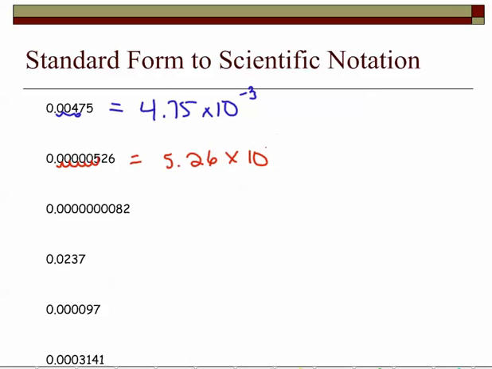So this would be 5 26/100ths times 10 to the -6. Now remember, that negative is telling you that you're talking about a number that is much, much smaller than 5 26/100ths.